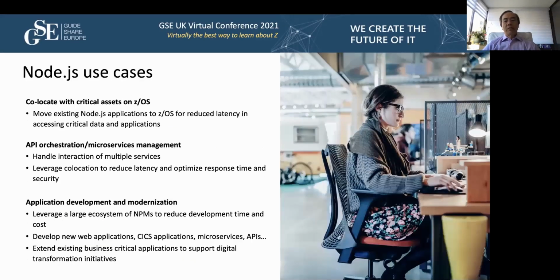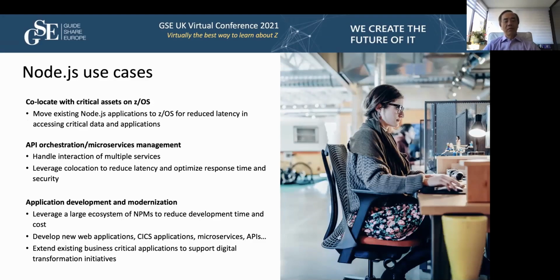For use cases, obviously co-location is very important, because we have a lot of customers that are already using Node.js outside of the z/OS environment, and for that you need to rely on the network to get data from z/OS. Co-location is the biggest advantage there.